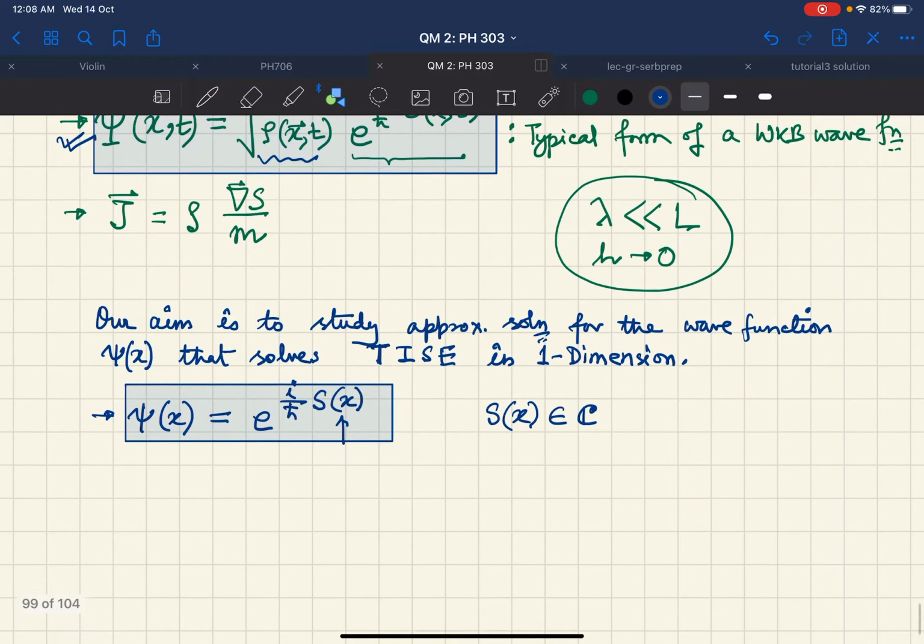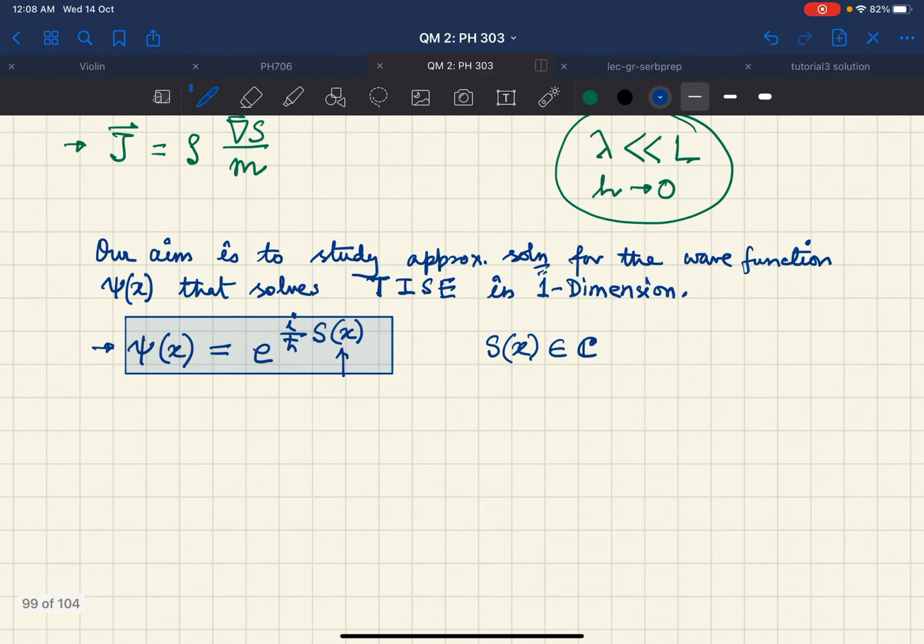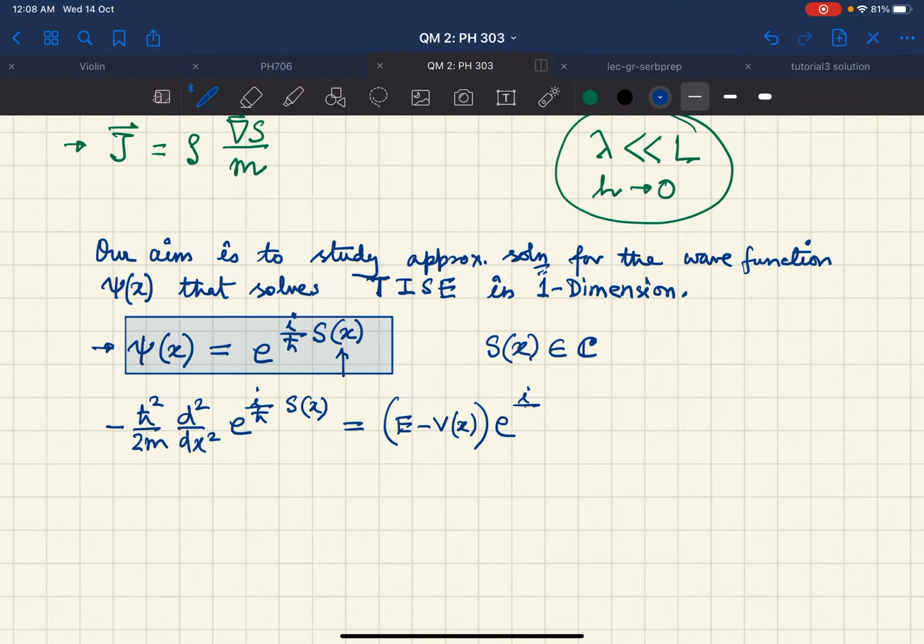So let us then write the Schrodinger equation with this psi of x. So we had minus h bar squared by 2m d2 dx2 e to the power i by h bar s of x equal to E minus V of x e to the power i by h bar s of x.